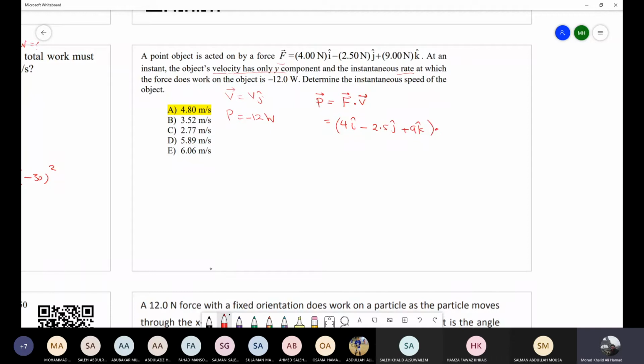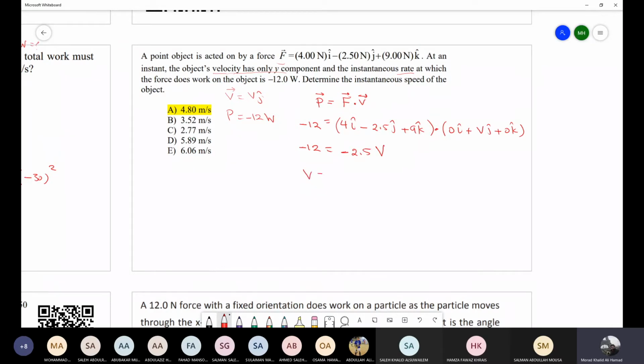dot v, which has only 0i plus vj plus 0k, because they said that it has only a y component, and this is equal to minus 12. Minus 12 is equal to 4i times 0, minus 2.5j times vj, which is minus 2.5 v, plus 9k times 0.